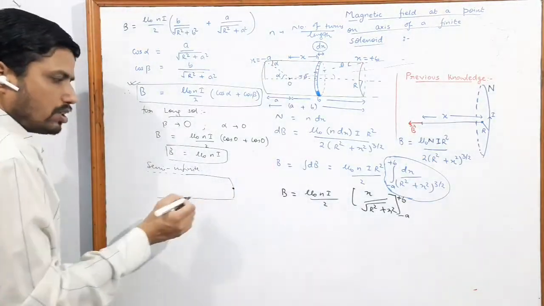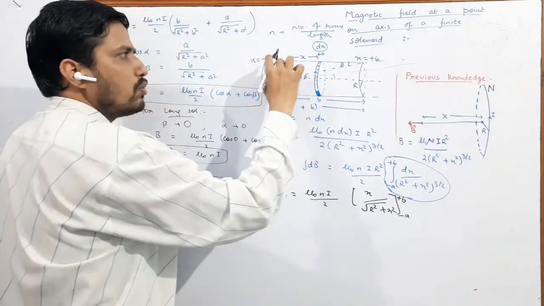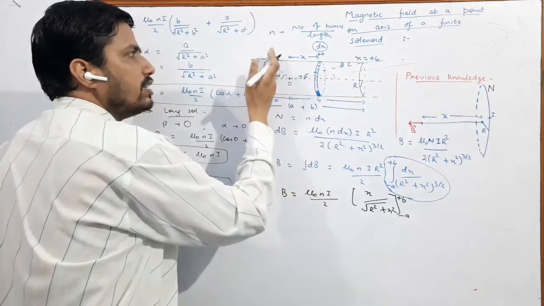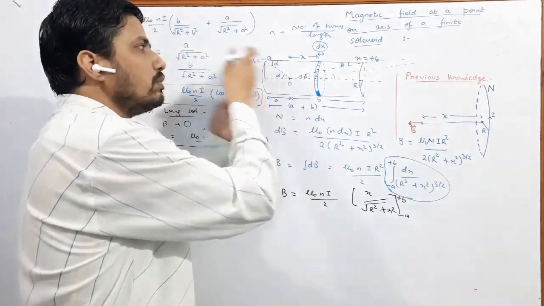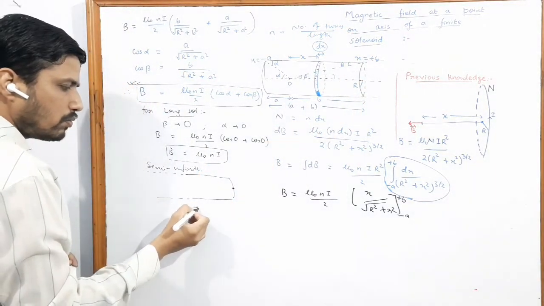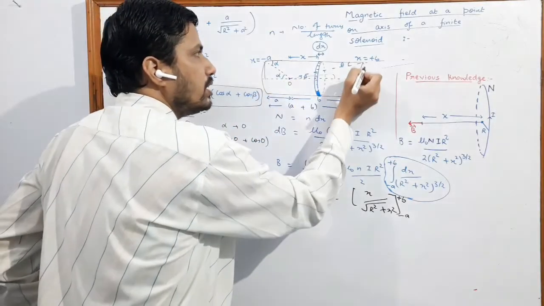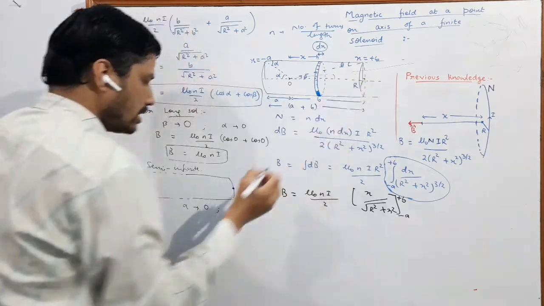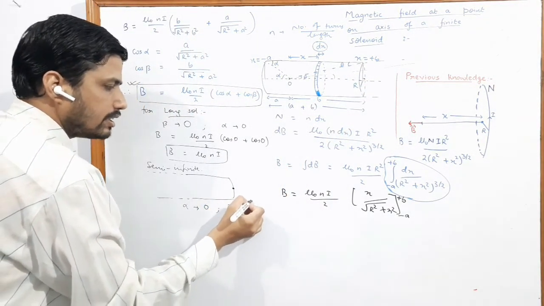So at this point, if you shift to this particular end, this alpha goes on decreasing, and the left end of the solenoid is at infinite distance, so that angle alpha would tend to 0. So alpha approaches 0. And because this point is over here, the other end is right above it. So this angle is 90 degrees. So beta tends to 90 degrees.